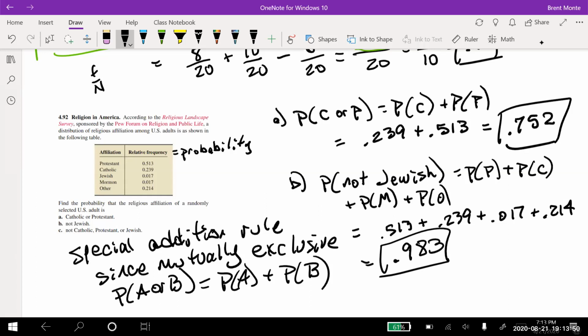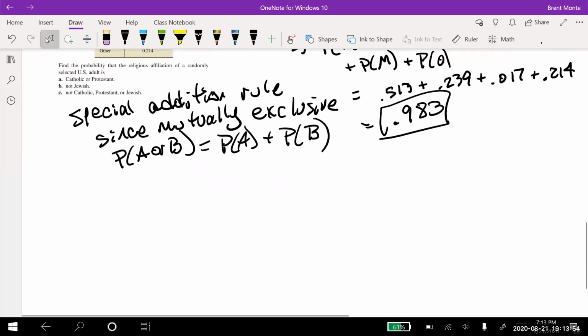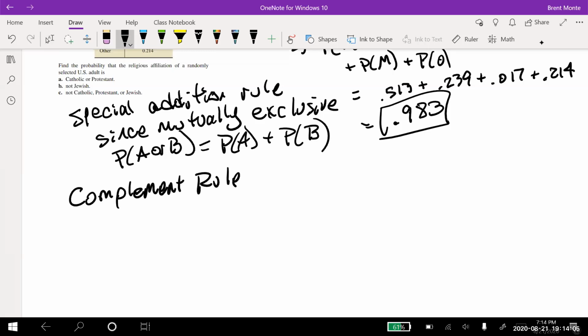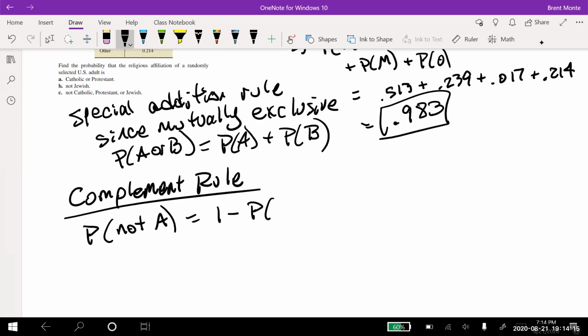And let me show you a little trick. There's a formula for when we're finding not something, and it's called the complement rule. And it would say this: probability of not A is going to be 1 minus the probability of A. What in the world does that mean?